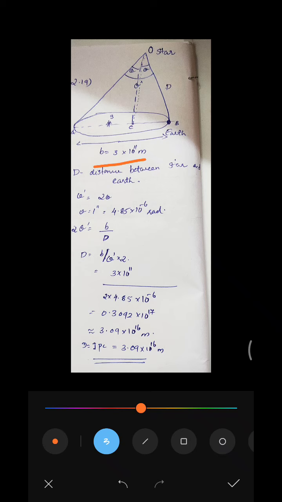So you have to consider the position of the observers as one at the Sun, and another one on the orbit, maybe at A or B, and the theta value should be taken as 1 second. Then only you can find the distance D in terms of parsec, 1 parsec.